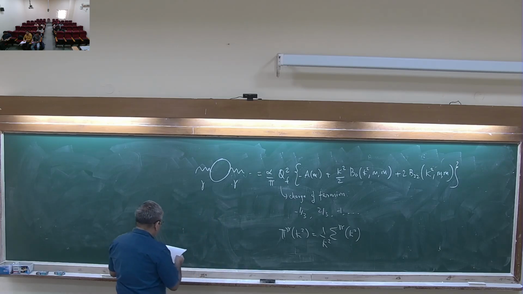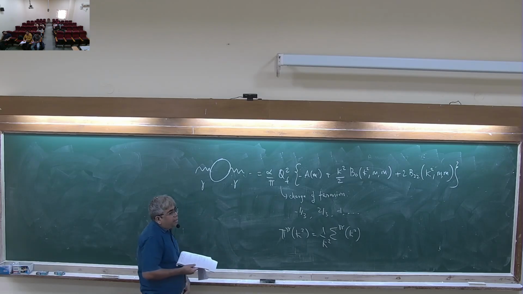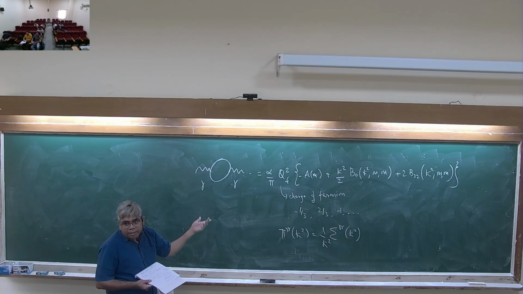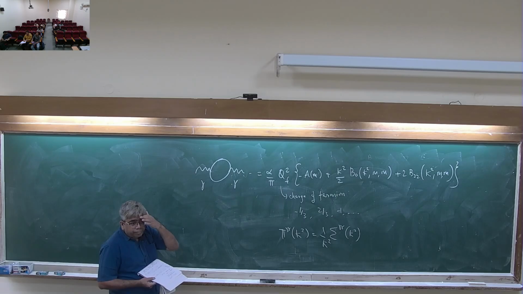In that case, except for the top quark, everything satisfies that limit at LEP energies. K square is much larger than m square. The top quark is not produced at LEP because it is very massive. Again, remember the numbers of LEP.